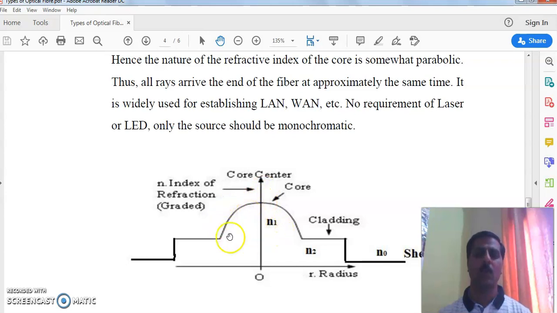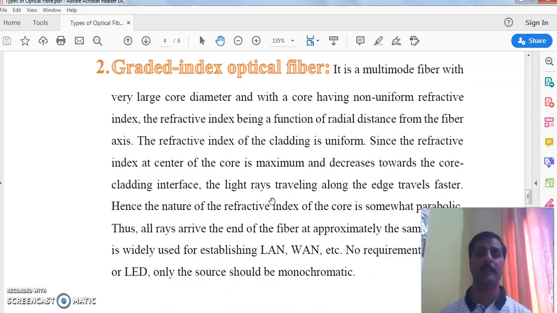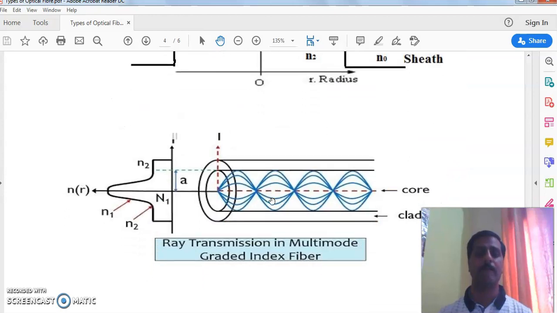So what is the purpose behind this parabolic shape? This parabolic shape of the refractive index provides a large number of boundaries within the core region. In the step index we have only one boundary at the interface, but here it gradually increases or decreases, so a large number of boundaries are there, and this accepts multi-modes.